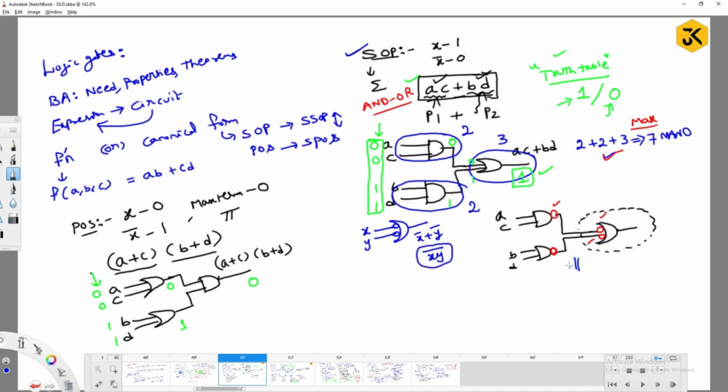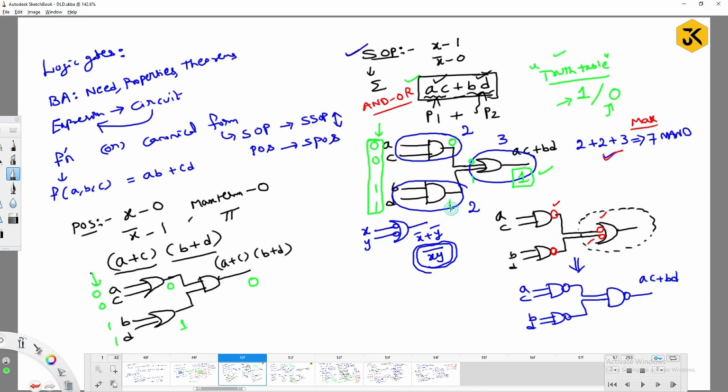The same structure I will redraw like this: AC complement and BD complement, and I will redraw it in terms of this dotted notation representation as, observe, xy complement. Xy complement is again one NAND gate. You are going to get AC plus BD again, right?